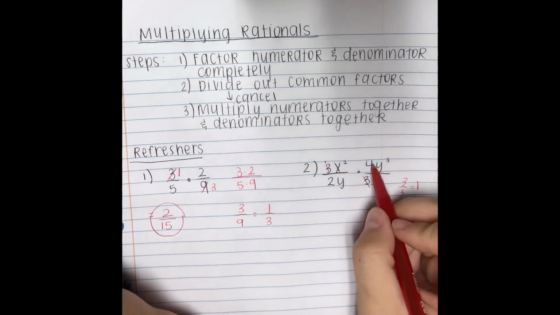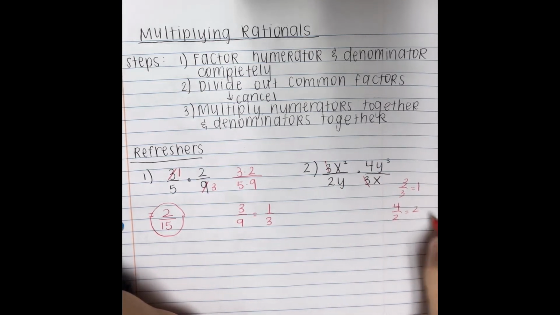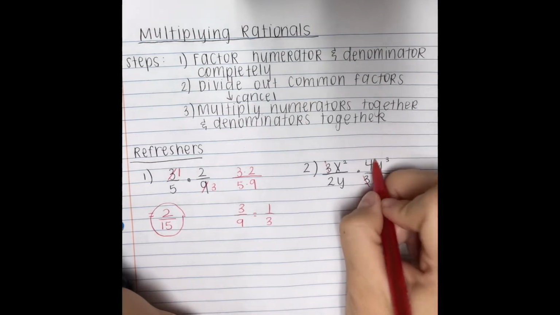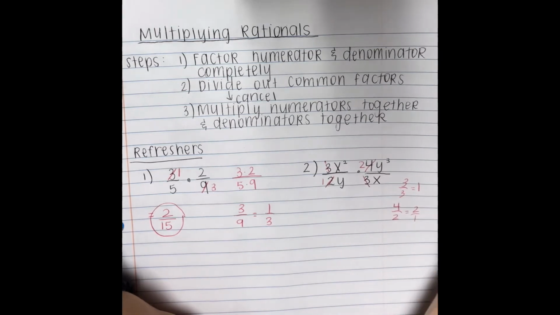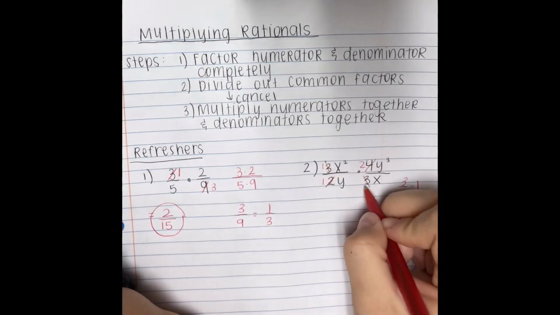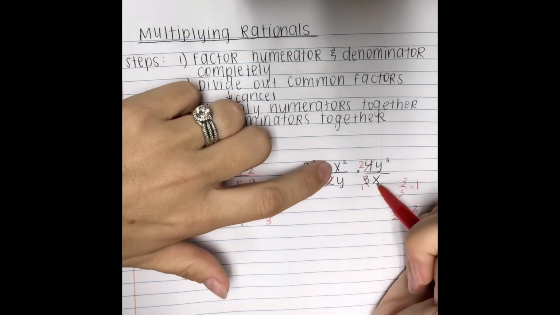I can simplify 4/2. 4/2 is 2, or 2/1. So we have a 2 here. Cancel this out, or if you want to put a 1 there, you can. We could put 1s up here. And then we can also simplify our x's.